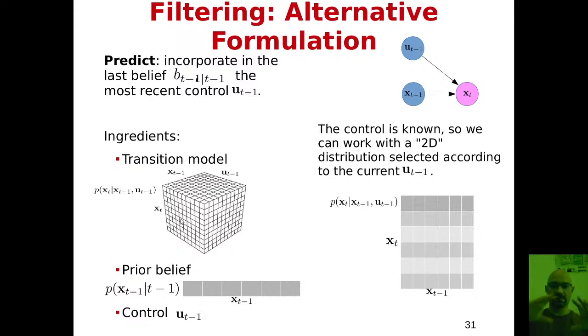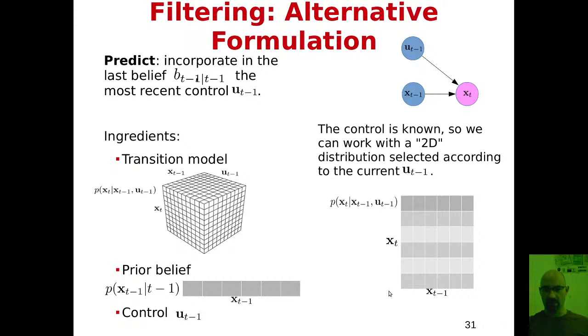What is this slice? You can picture it as a matrix where each column is a possible distribution over the successor states after having executed the known command u t minus 1, right? Each of these columns sums up to 1.